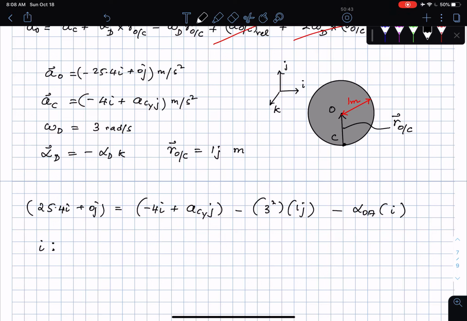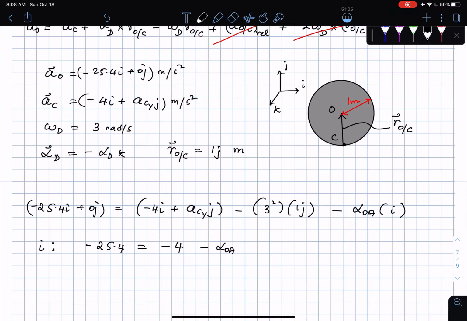Okay, so that's what I'm going to be getting here. And so with all that said and done, I'm going to equate the i terms on both sides. So this is 25.4 and minus 4, and I'm going to have minus alpha OA. Okay, so this is what I have, and I think this is a negative. I'm sorry, I forgot to do that.